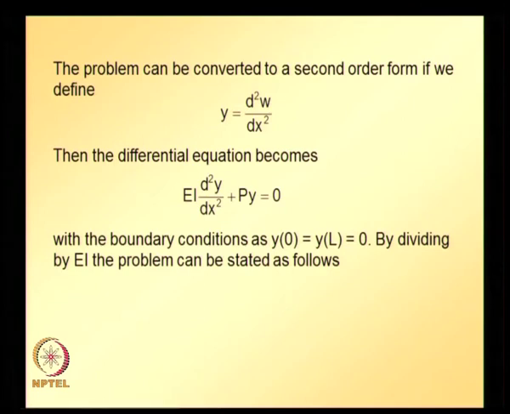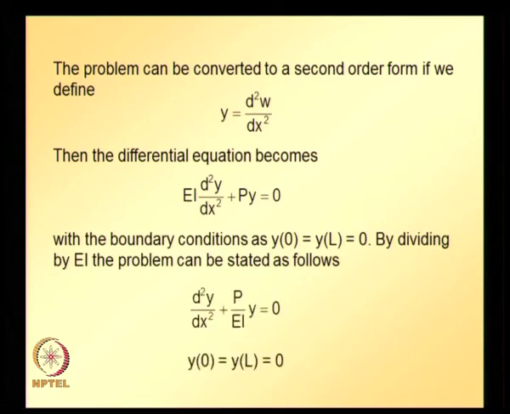We already know that the second derivative of w with respect to x square at x equal to 0 and at x equal to L are 0. So making this substitution, we get y at x equal to 0 and y at x equal to L is equal to 0. And now the differential equation, we can rearrange it by dividing with EI.